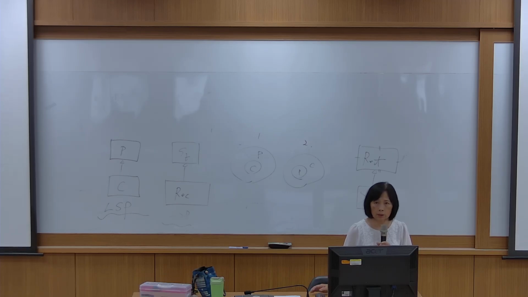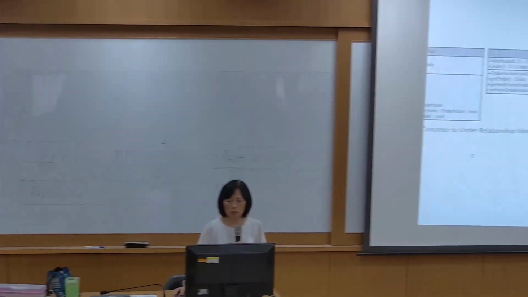Tell me that. You said order depends on customer. From their attributes, tell me. And now we don't have any line, right? And I give you this, and which one depends on which?